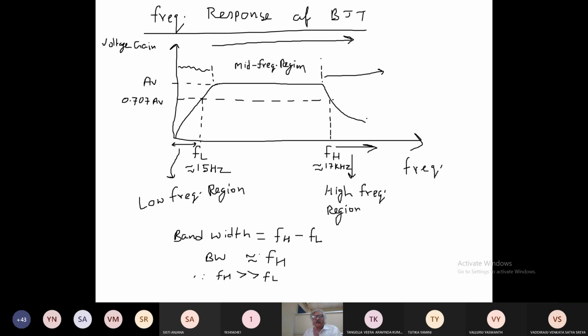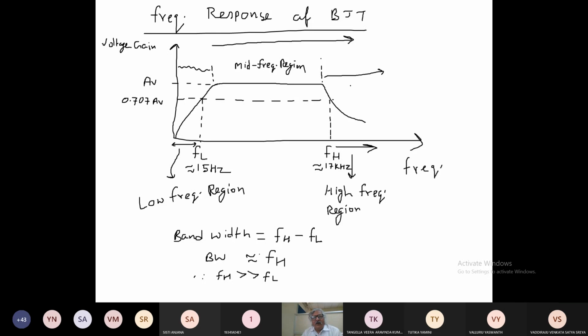But one thing you just remember: in the mid frequency region, the gain is almost constant. There is no drop. But in the high frequency region, the voltage gain drops. If you increase the frequency of operation, then the voltage gain drops. This drop is not due to the coupling capacitors.